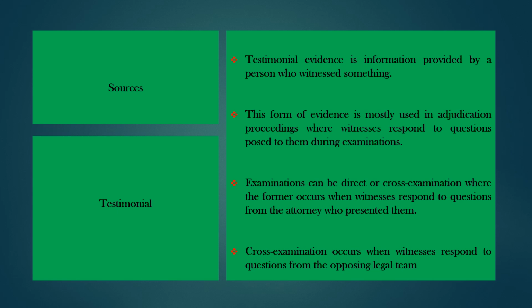When we present witnesses in court to help us prove that the person being accused of committing crime actually committed crime, then that person becomes the source, and that source becomes what we call testimonial. An examination can be direct or cross-examination, where the former occurs when witnesses respond to questions from the attorney who presented them. Cross-examination occurs when witnesses respond to questions from the opposing legal team.